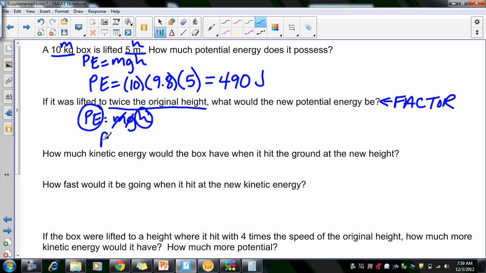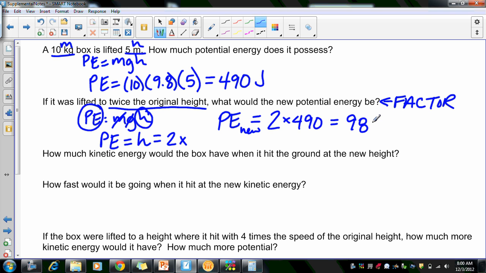These do not. So the change in potential energy is equal to the change in height. Twice is 2. So potential energy will change by twice as well. So the new potential energy is equal to the factor times the original, which will give us 980 joules of potential energy.